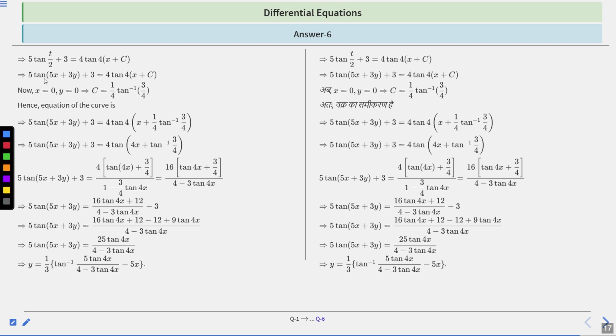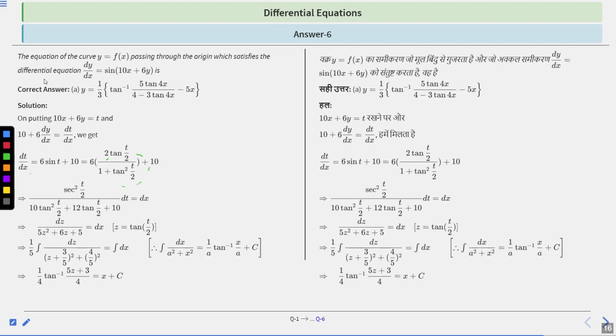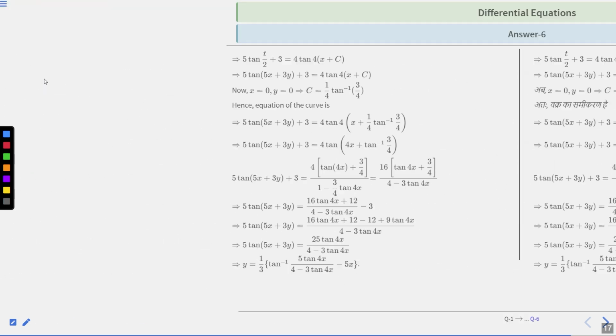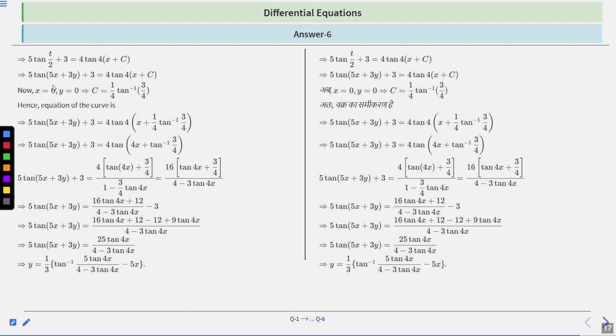Therefore after replacing the value of t with 10x plus 6y, since t is 10x plus 6y, we got 1 by 4 tan inverse of (5 tan(5x plus 3y) plus 3) upon 4 is equal to x plus c. Now x equal to 0 and y equal to 0, therefore c is equal to 1 by 4 tan inverse 3 by 4. Hence the equation of the curve is 1 by 4 tan inverse of (5 tan(5x plus 3y) plus 3) upon 4 is equal to x plus 1 by 4 tan inverse 3 by 4, right?